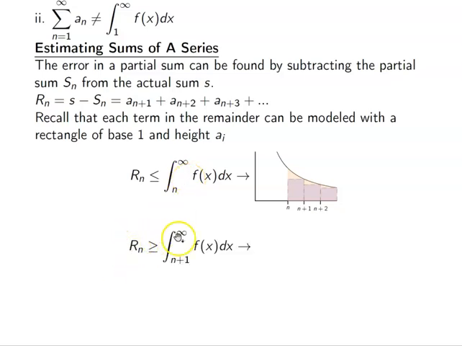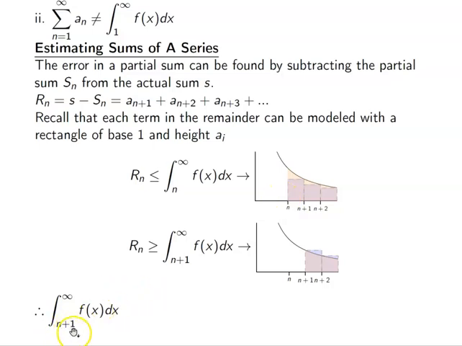Now, if the remainder is larger than the integral, so here starting from n plus 1, here I would be taking it to the right. And so the area under the curve from n plus 1 forward is then an underestimate for the sum of the remaining values. Okay.